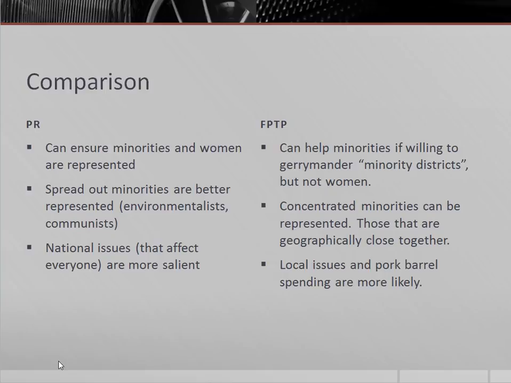And so at the end of the day, what you see in the United States is lots of local issues come up at the national level, and particularly in the case of powerful committee members and committee chairs, they can direct a fair amount of spending to their own districts at the expense of other districts, because that will improve their re-election chances, something that you can't do if you don't have a district.